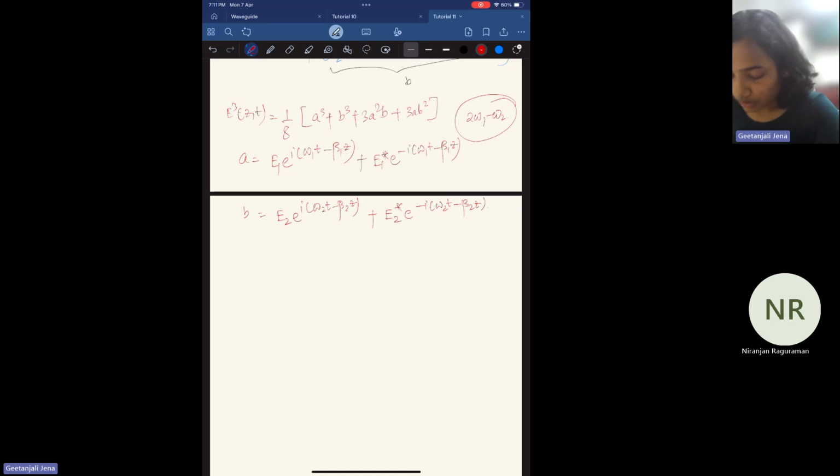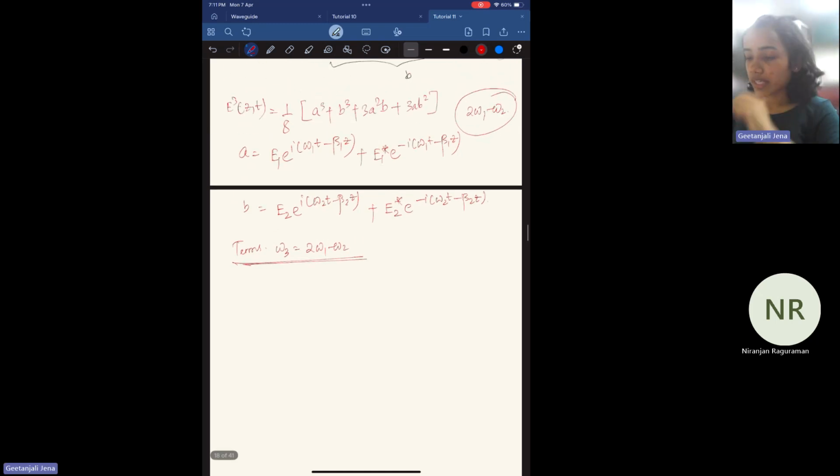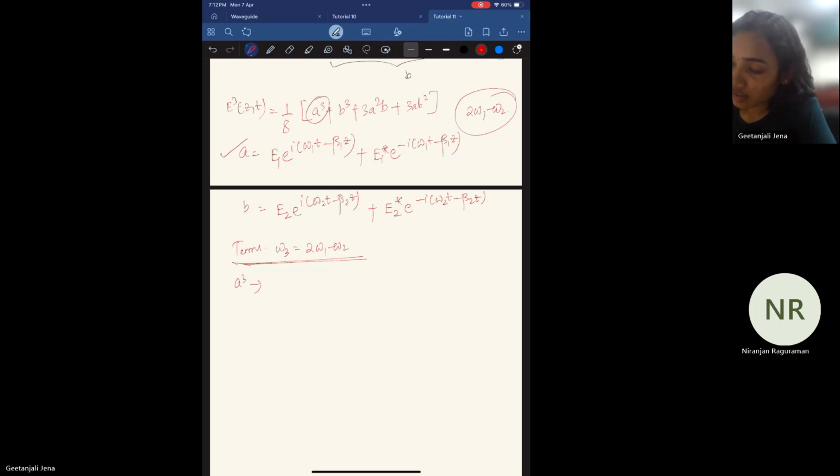Okay, so the term we are interested in is omega 3, which is 2 omega 1 minus omega 2. So let us see the A cubed term. A cubed means A to the power 3. This term doesn't have any component of omega 2, right?